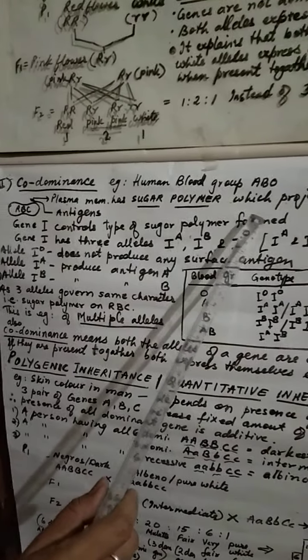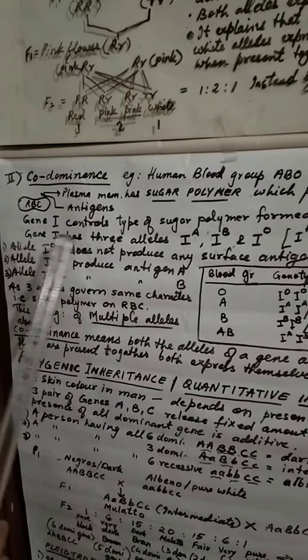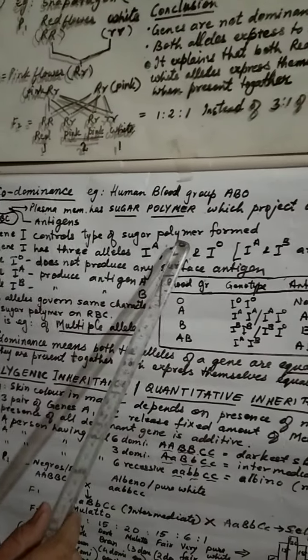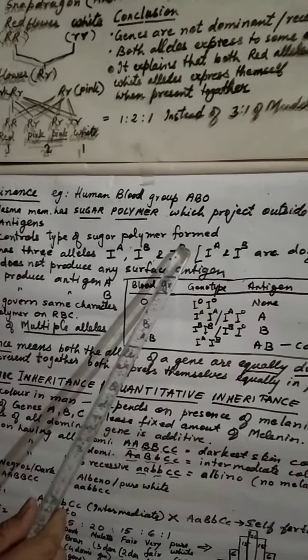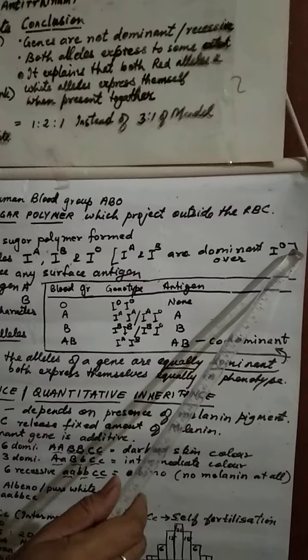Gene I controls the type of this sugar polymer formed on the RBC. So gene I has three alleles, IA, IB and IO. Among these, IA and IB are dominant over IO.